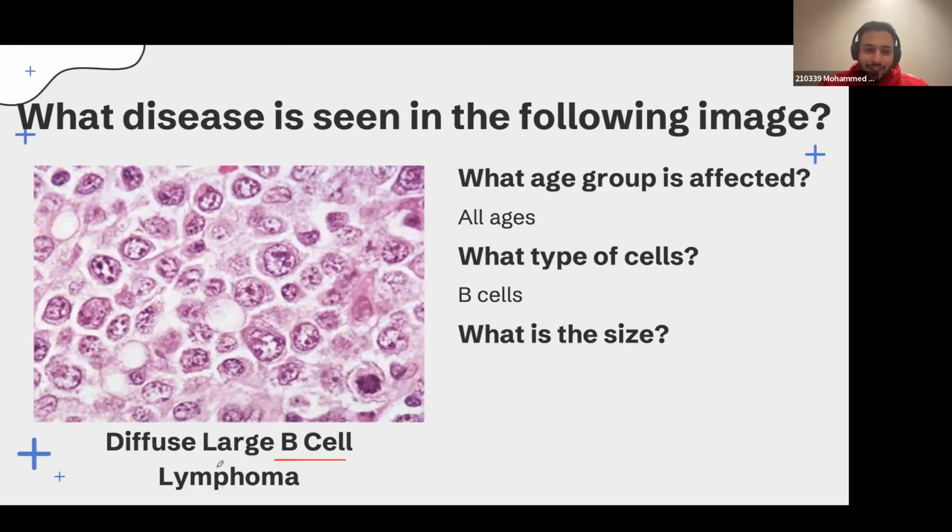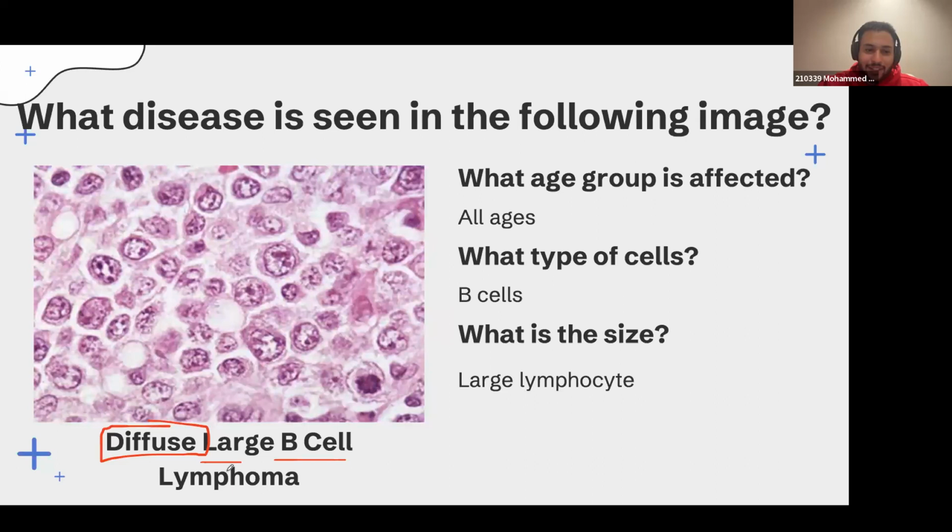It's large. Okay. Now, the reason why it's called diffuse, just for you guys' info sake, is most of these cancers are named based on where it's located in the lymph node. Okay, because we'll go into the details of it next. But basically, for example, follicular lymphoma is most likely from the follicles. You have mantle cell lymphoma in the mantle zone. You have marginal zone lymphoma, but it's most likely outside of the lymph nodes.